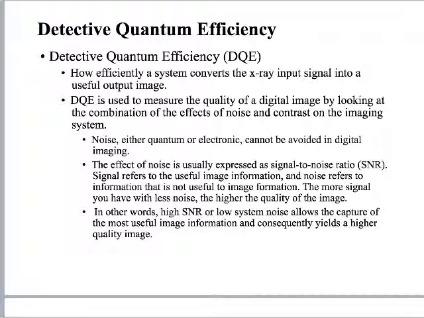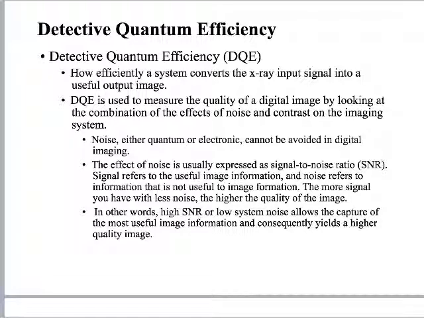So this is an important term, definitely something worth putting on a flashcard. And this is just describing how efficiently a system can take the X-ray that's received, the remnant beam, and convert that into useful digital data, right?